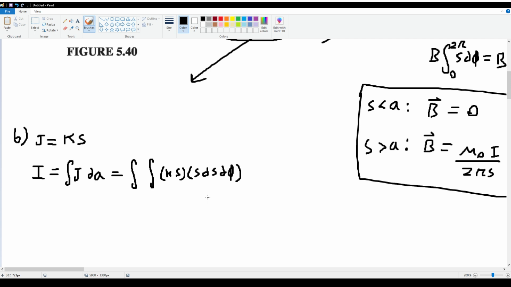To figure out our limits, for d phi we know that we're doing a full rotation here, 0 to 2 pi.